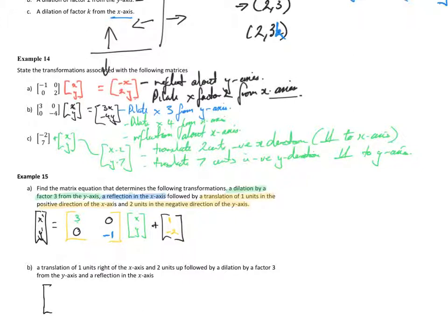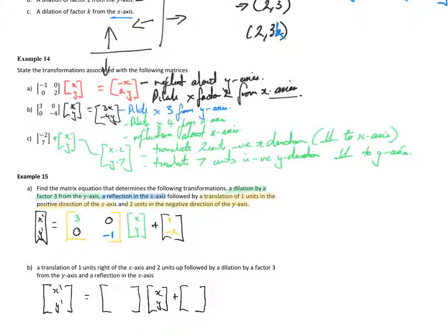Okay, so let's have a look at now the translations here. So we've got our x dash, y dash is equal to, so there's our dilations and reflection matrix. They get applied to x, y, and then we have our translations left and right, up and down at the end.